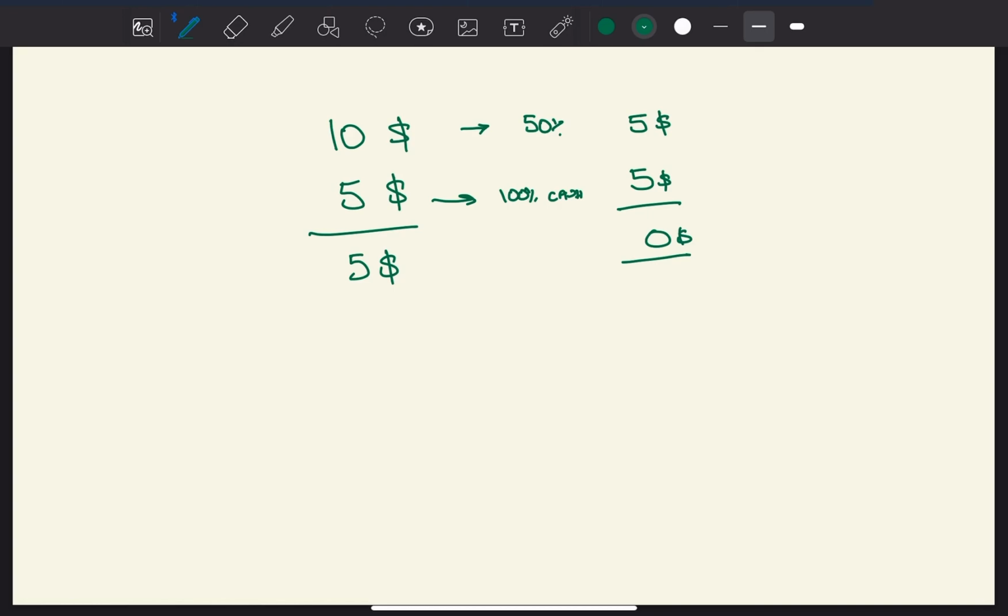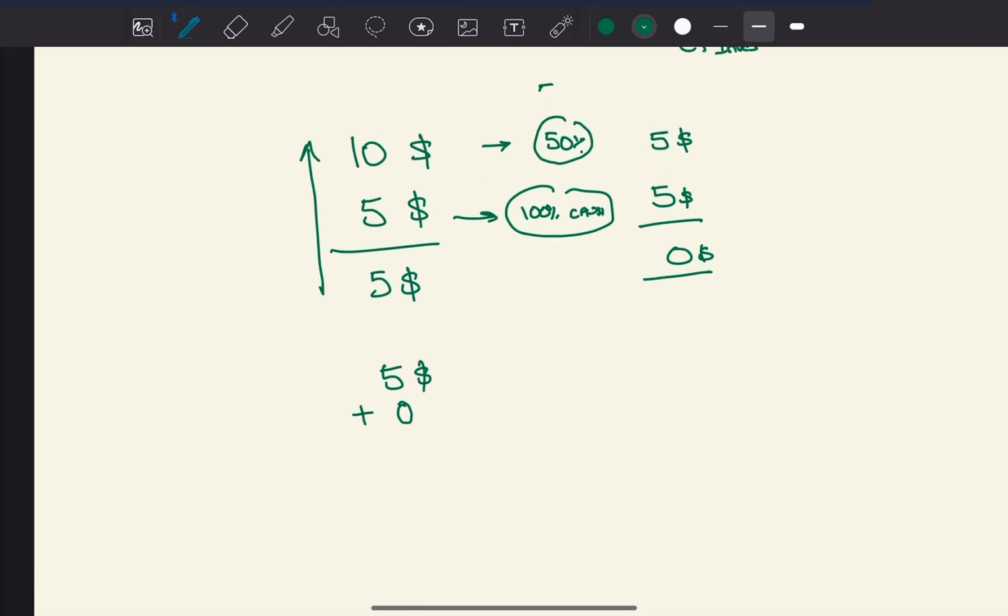We can work this backward as well, as we explained. We'll start with $5, that is the net profit. We'll add back all those expenses which haven't been paid. Since all of these have been paid, there is nothing added back, and we'll subtract the income which we didn't receive. 50% of this $10 was credit, that is $5 of credit.